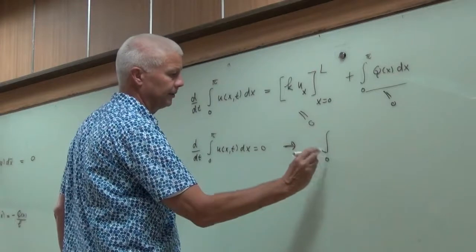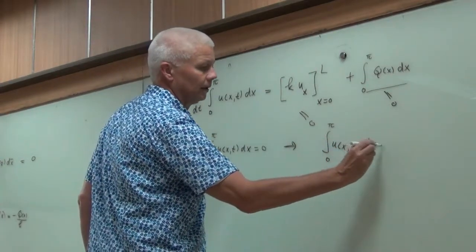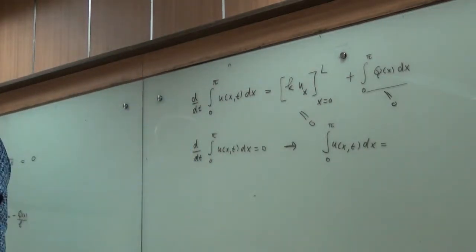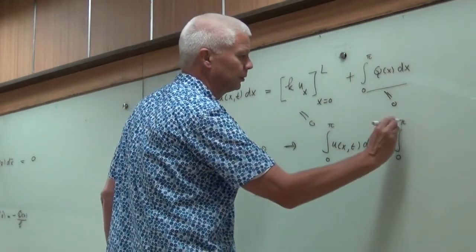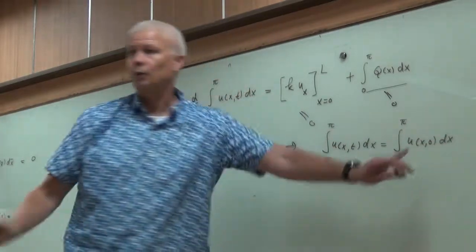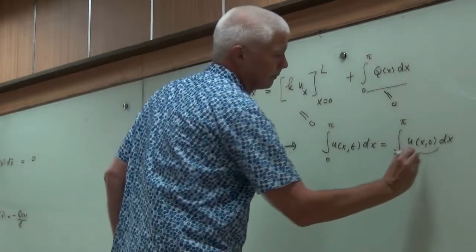So that means that this integral for an arbitrary time is constant. And to what is it constant? To what we have at t equal to 0. So this is for sure equal to the integral from 0 to pi of u(x,0) dx. What is u(x,0)? g(x), that's my initial temperature. Here it's warmer, there it's cooler. That's my g(x).